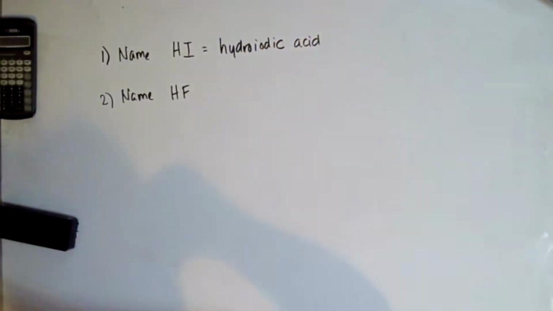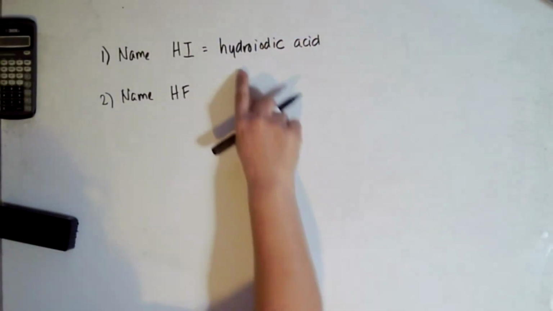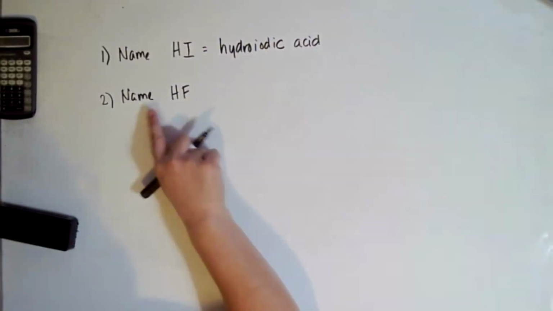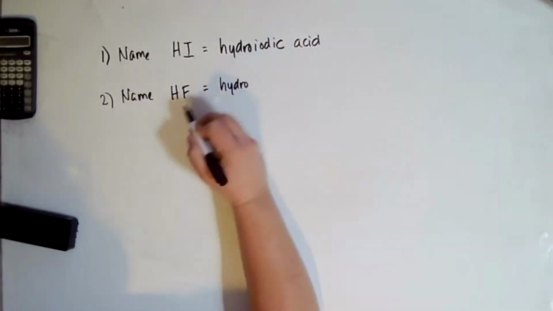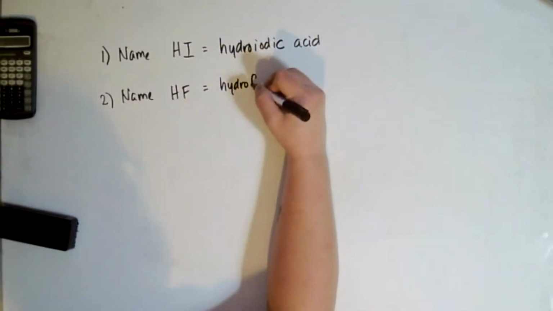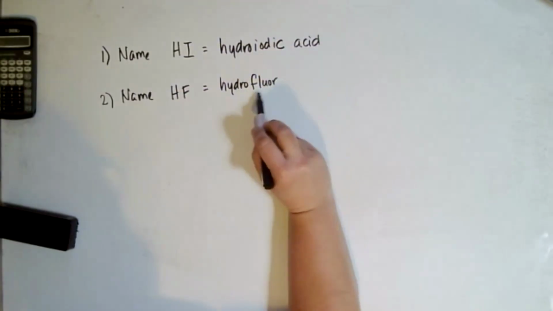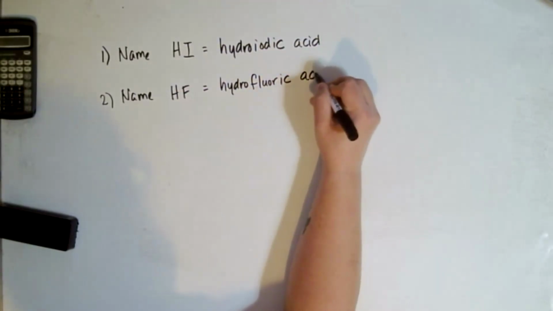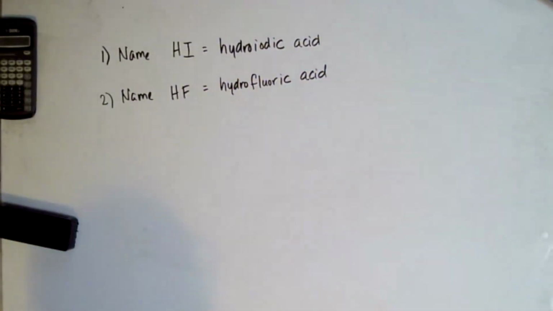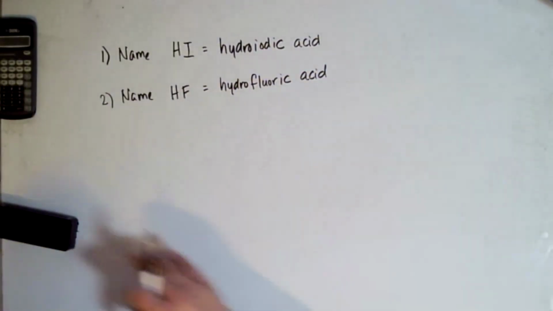And then the word acid. Hydroiodic acid. And then for HF, we're going to start with the word hydro. This is fluorine. So we're going to write the base name for fluorine. Then we're going to add the IC and the word acid. Hydrofluoric acid.